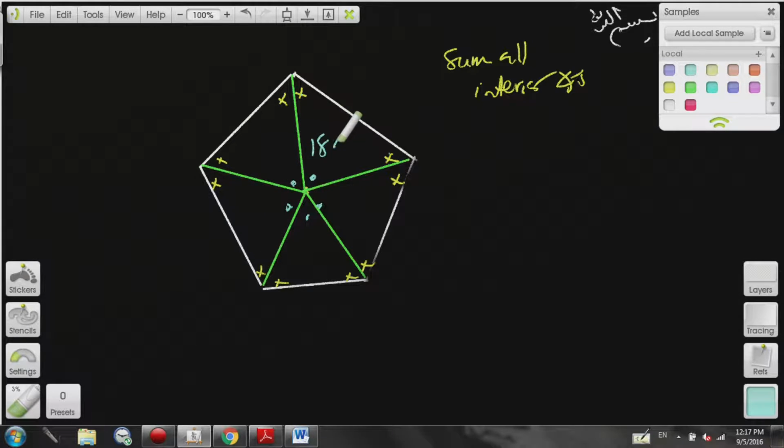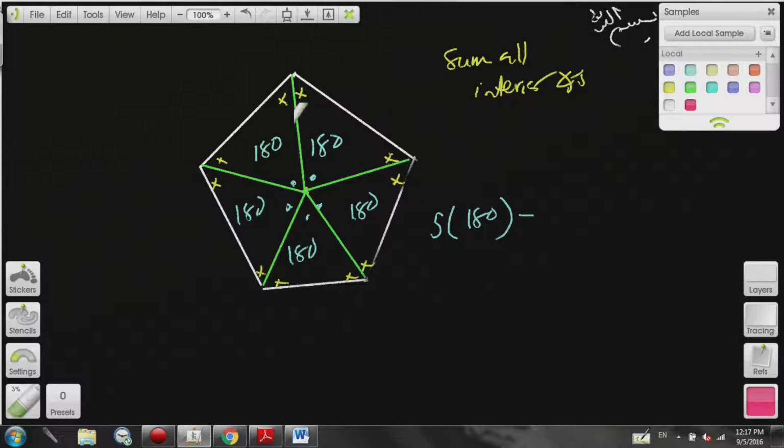They're all going to add up to 180 times 5, because there are 5 triangles and each one is 180 degrees. So if I add all of them up, that will give you all these angles.